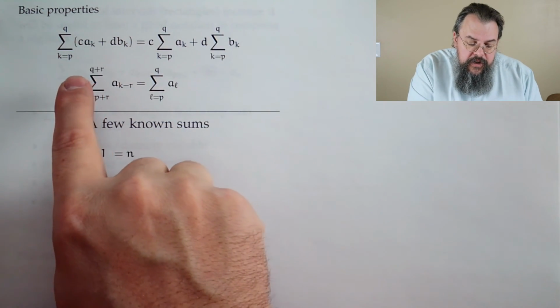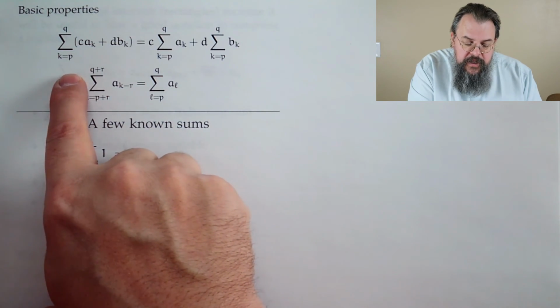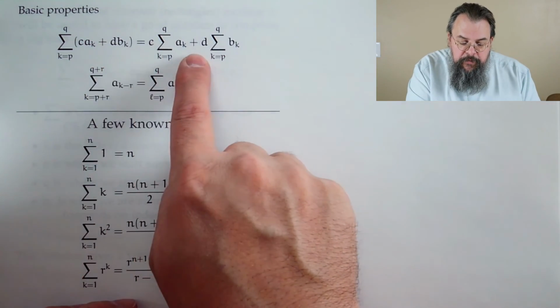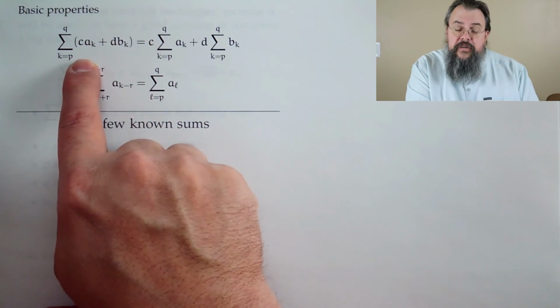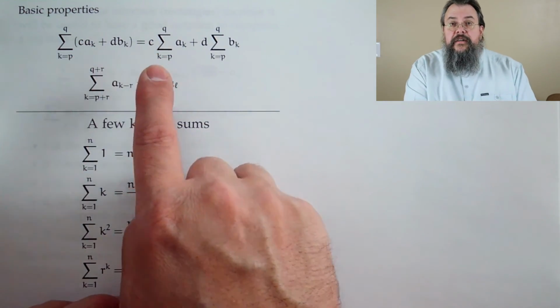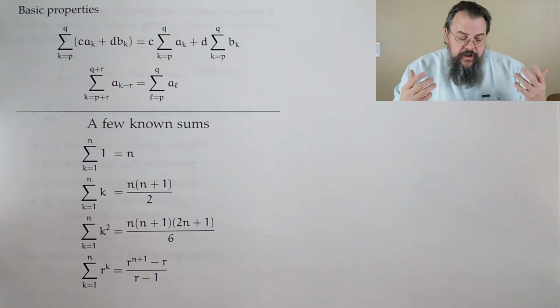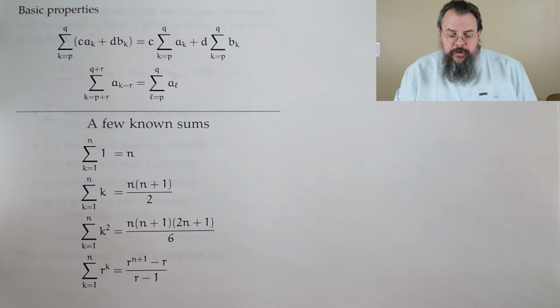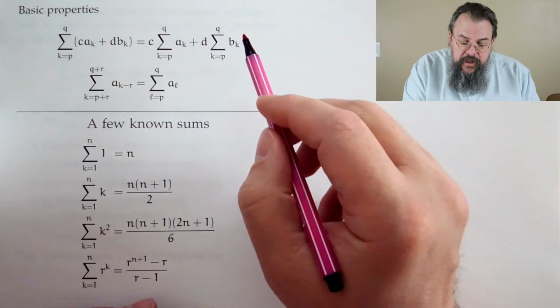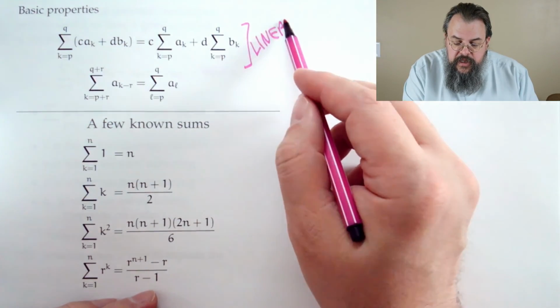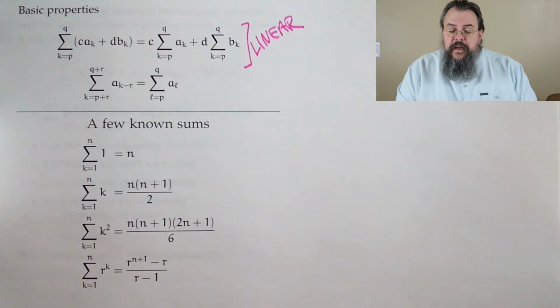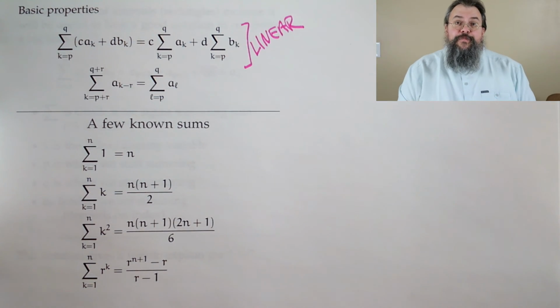So the moral is, if I have a sum and there's an addition, I can break it up. If there's something which doesn't depend on the index, so it's a constant, it can be pulled outside. This is another way of saying, there's a very fancy word, we've mentioned it before, that this is linear. But of course, adding is linear. No surprise.